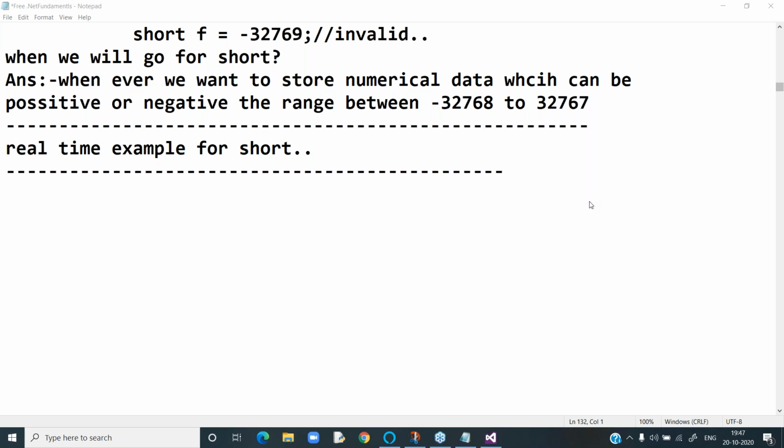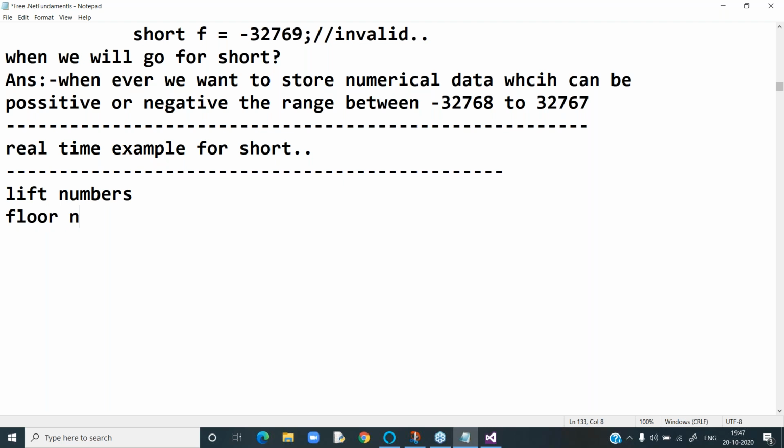Babu, try to understand. It goes from negative to positive, but the range is high. So if the building has more than 127, go with it: lift numbers and floor numbers.